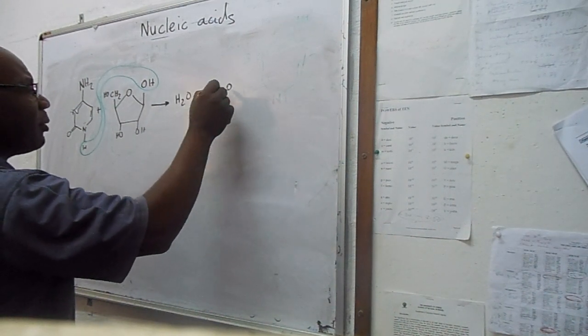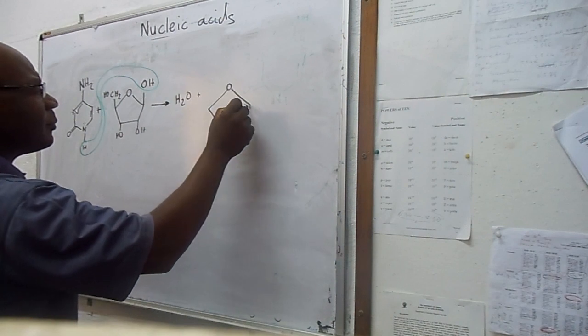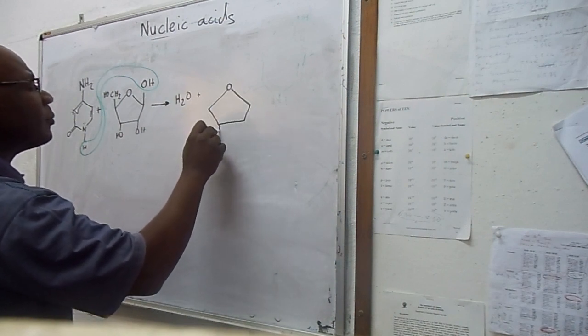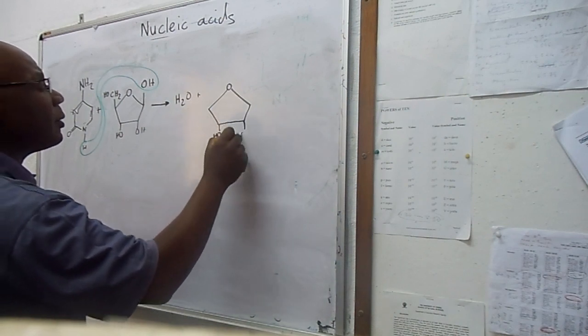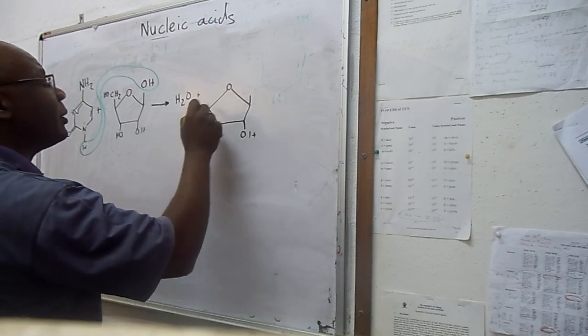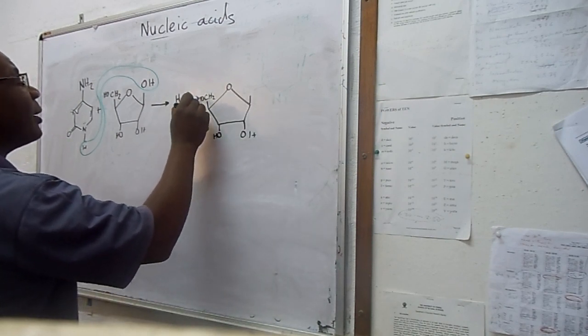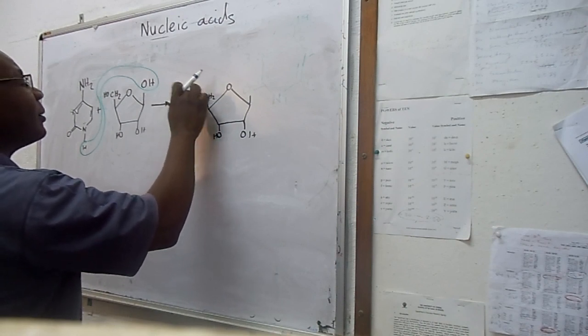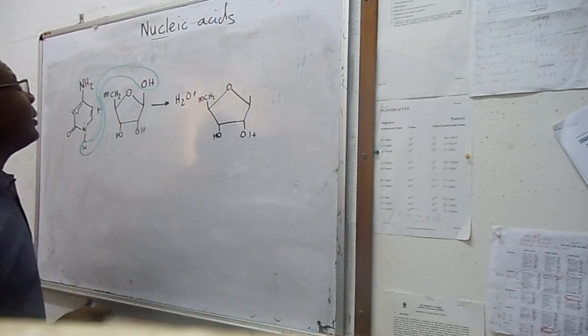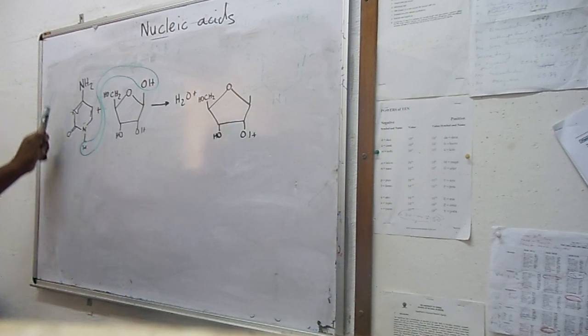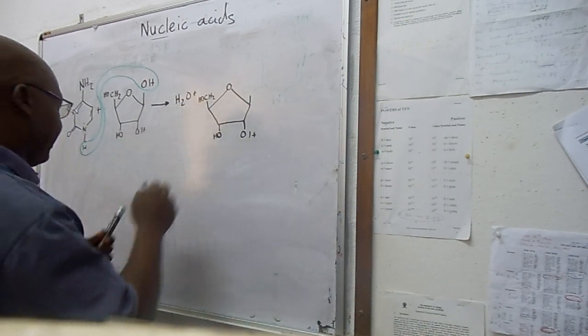That's my ribose sugar. I have my CH2 hydroxide terminal there, and then my base is attached here.